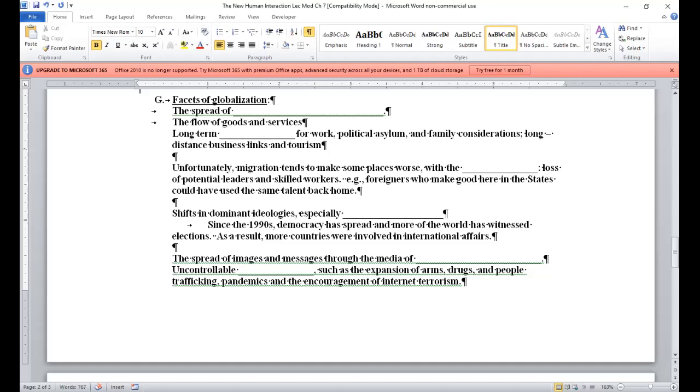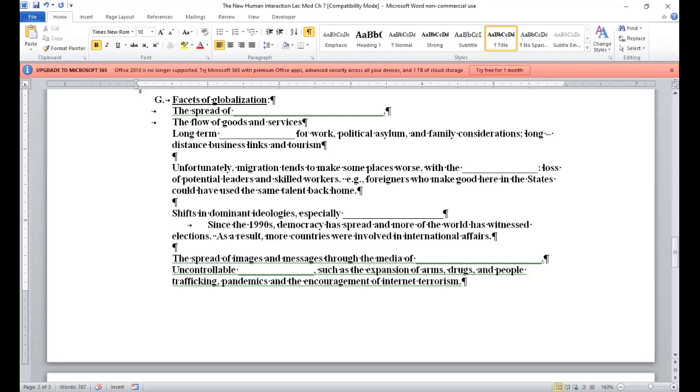Transnational corporations market products around the globe, like, for instance, Coke, McDonald's, various automobiles. A graphic organizer has been sent. You can look at that and wrap up the lecture by looking at those visual concepts.